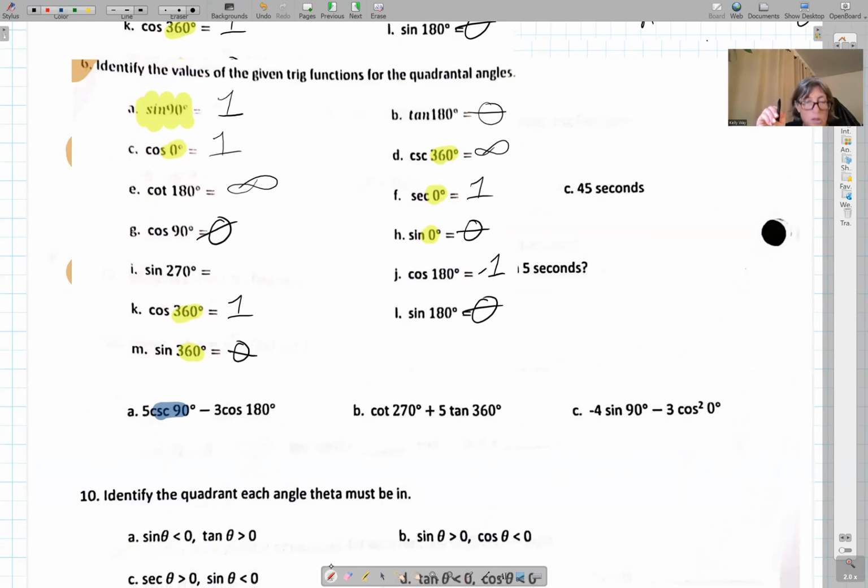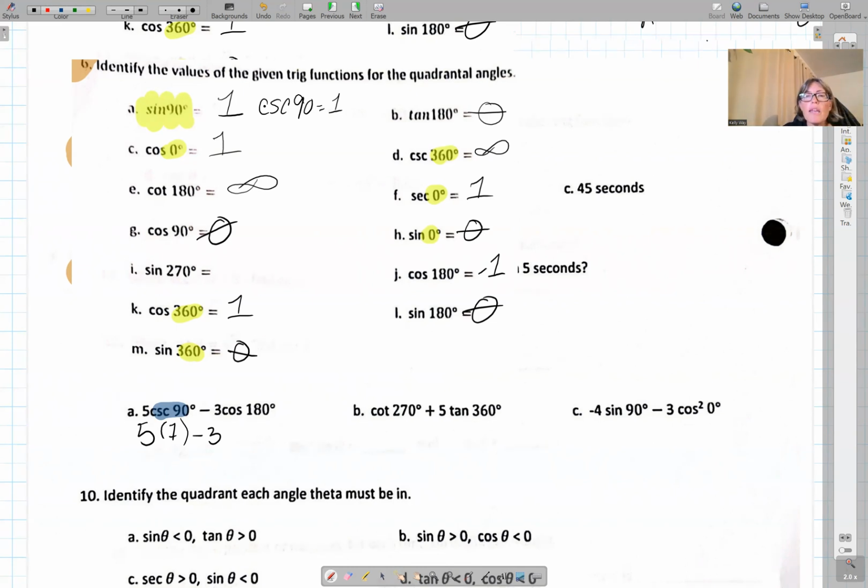So cosecant is the flip of sine 90. We have sine of 90. Yes, the sine of 90 is 1. So that means the cosecant of 90 is also 1. So 5 cosecant 90, cosecant 90 is 1. So put a 5 there, a 1 there equals 3.